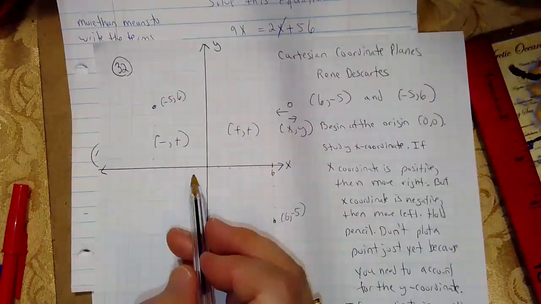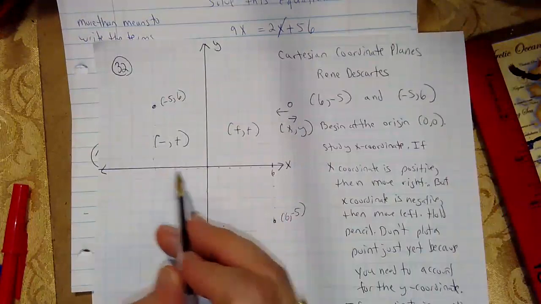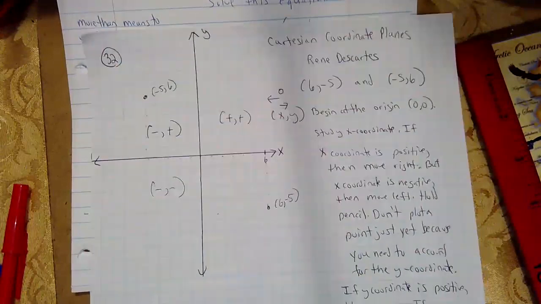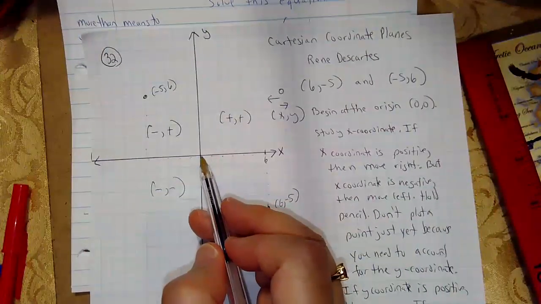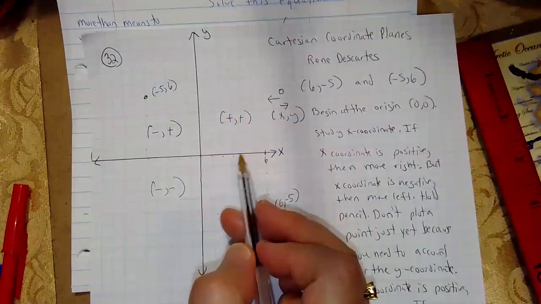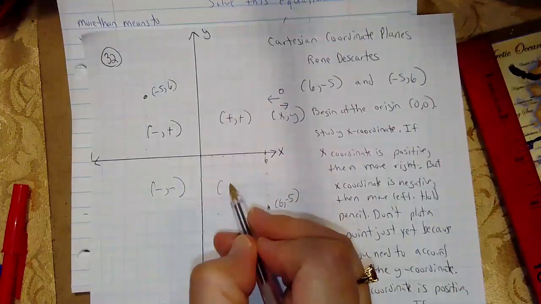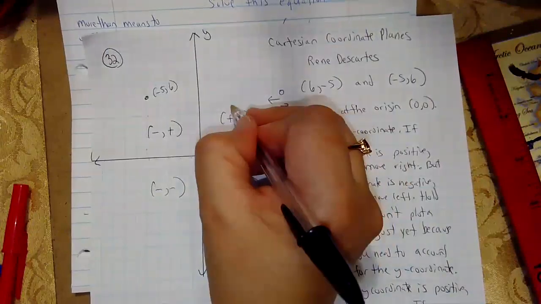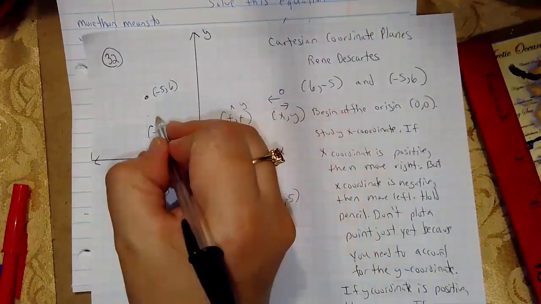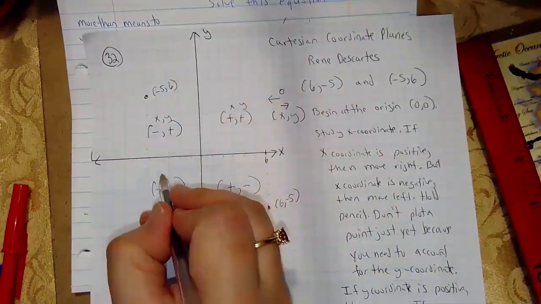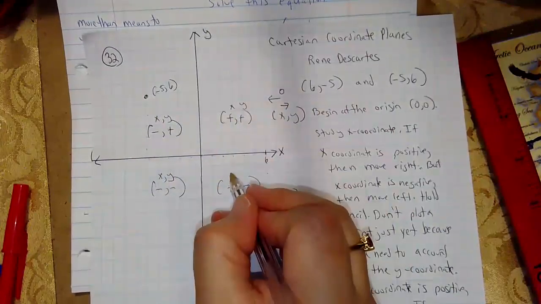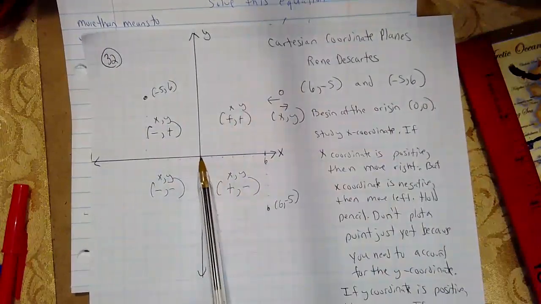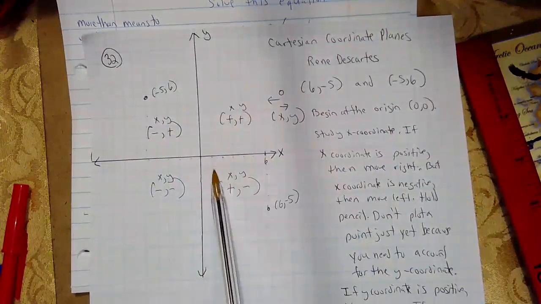Down here it's negative, negative. And over here, positive for the x, and then negative. So this is x movement, y, x movement, y. Sometimes that helps students to see that positive x, negative y.